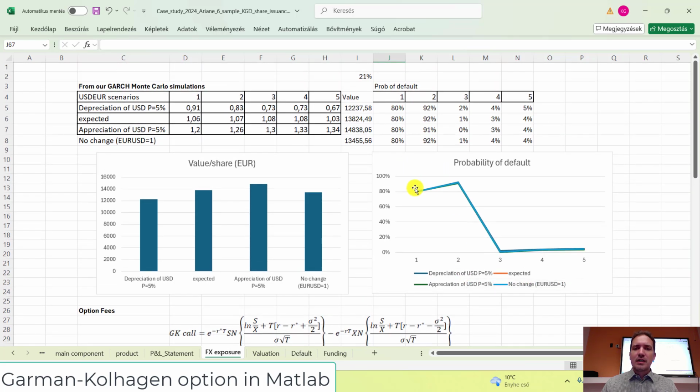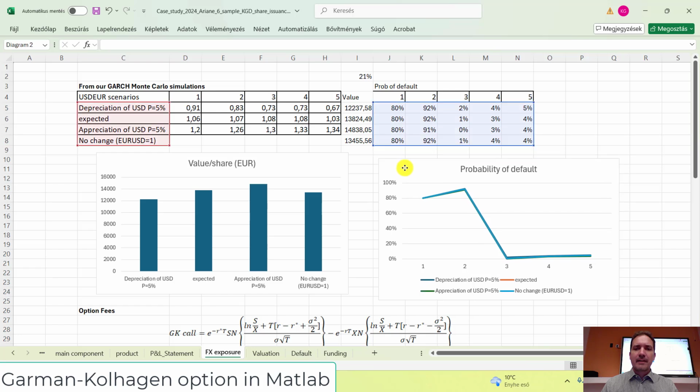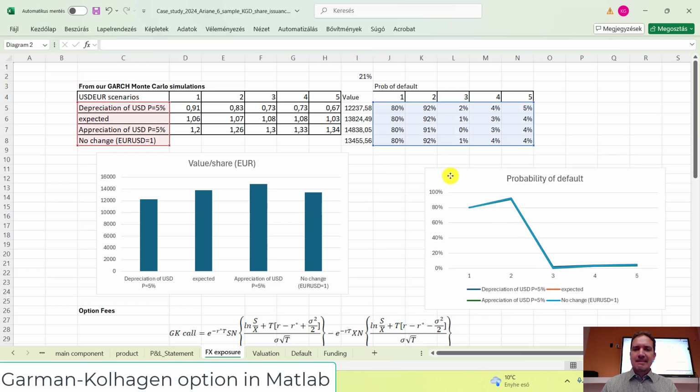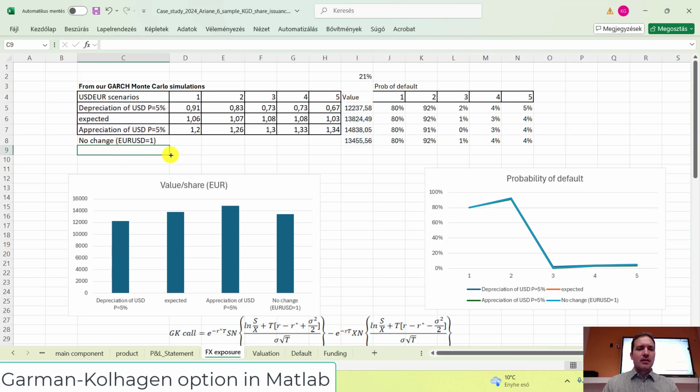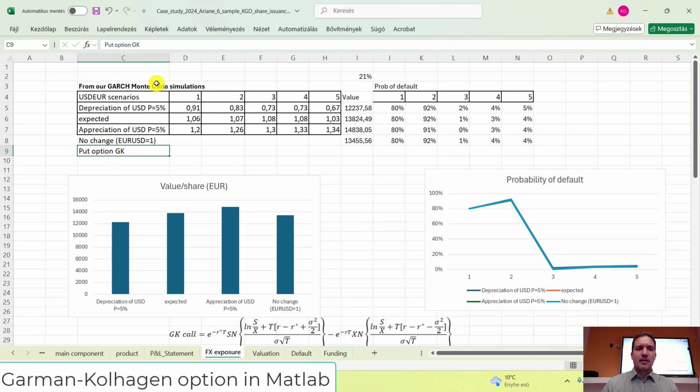Or should we extend? Maybe we should extend the existing sheets because Garman-Kohlhagen. So we have value.